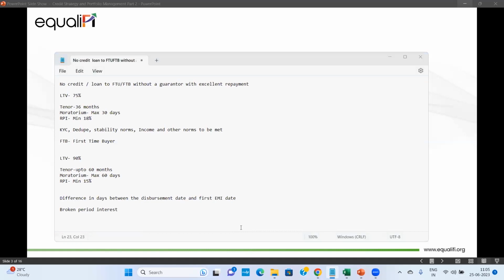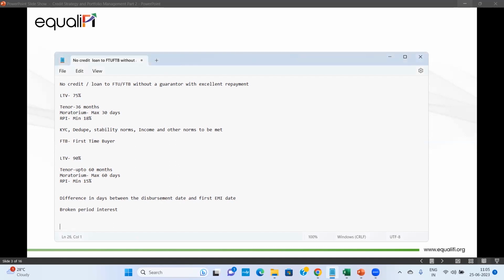No, that is not broken period interest. I'm asking for loans. What Kunal has said: interest for the period between disbursement day and first EMI day. Yeah, this you can say is broken period interest.